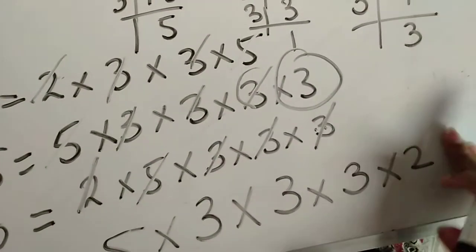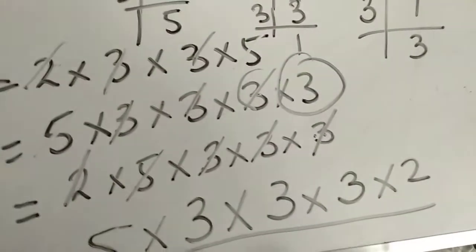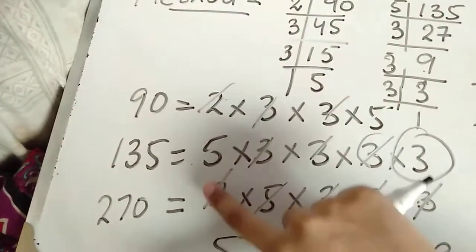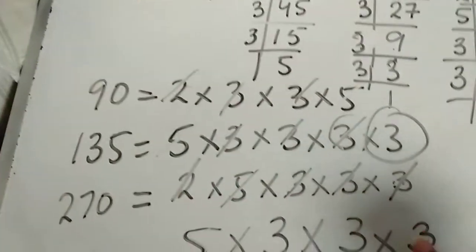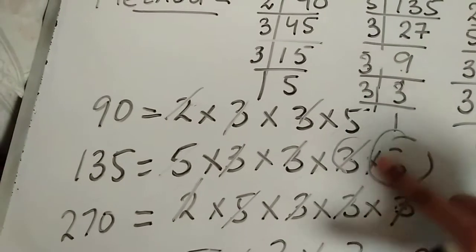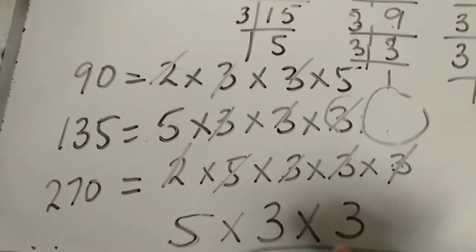We will not write the uncommon terms here. These are the common terms. 2 is not common because it's in 2 terms, not in all 3 terms. So the common terms will be 5, 3 and 3.